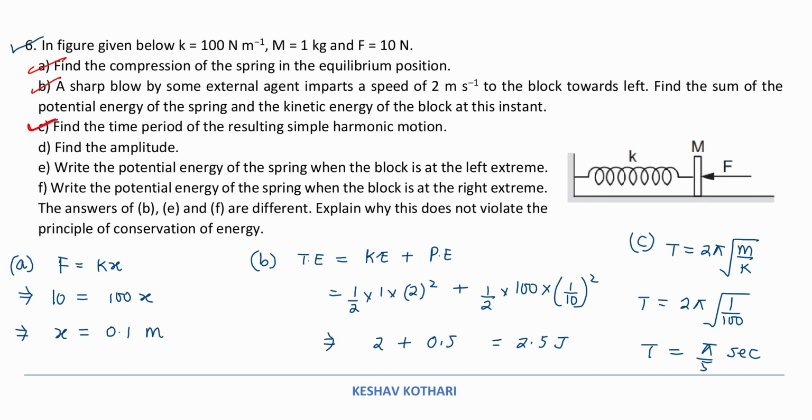The next is asking, find the amplitude. So over here we need to find the amplitude, that is D part. So now the energy is stored in the form of spring potential energy, half k x naught squared, where x naught is the amplitude which we are looking for.